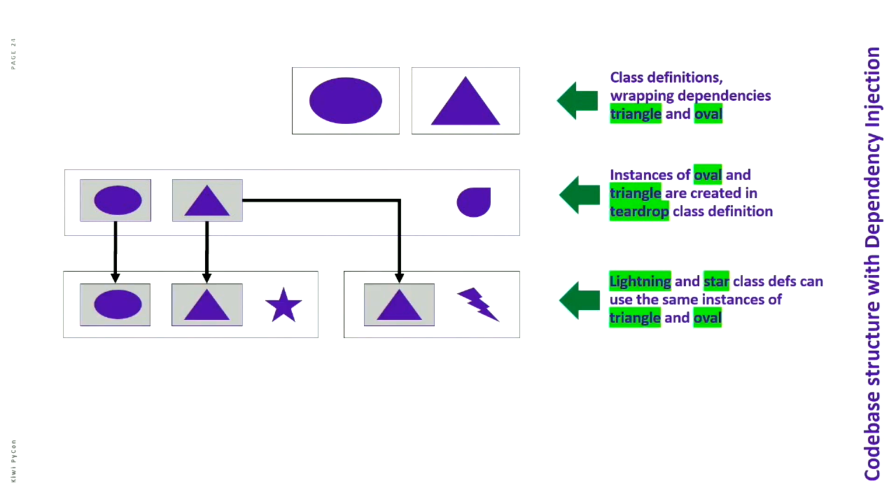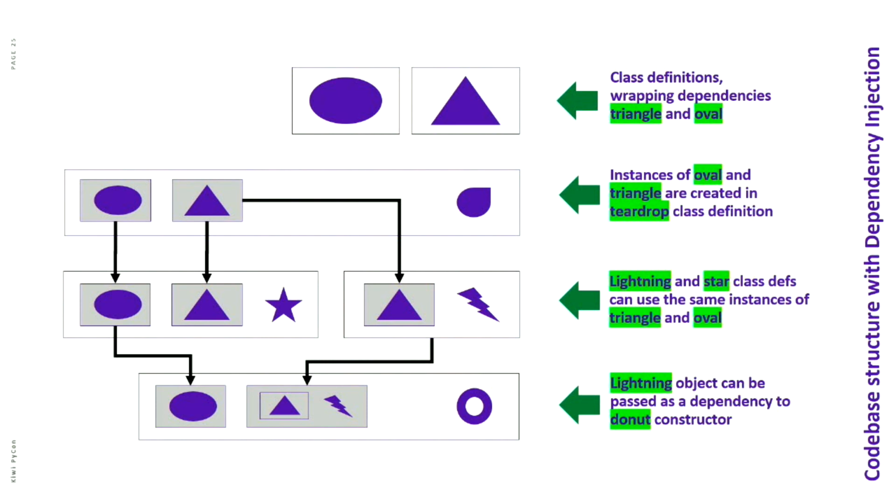And then further down the call stack with our star and lightning bolt class definitions, we'll take our instantiated oval and triangle instances and inject them into the star and the lightning bolt, ideally through constructor parameters or otherwise, early on in the instantiating of that class as instance variables.